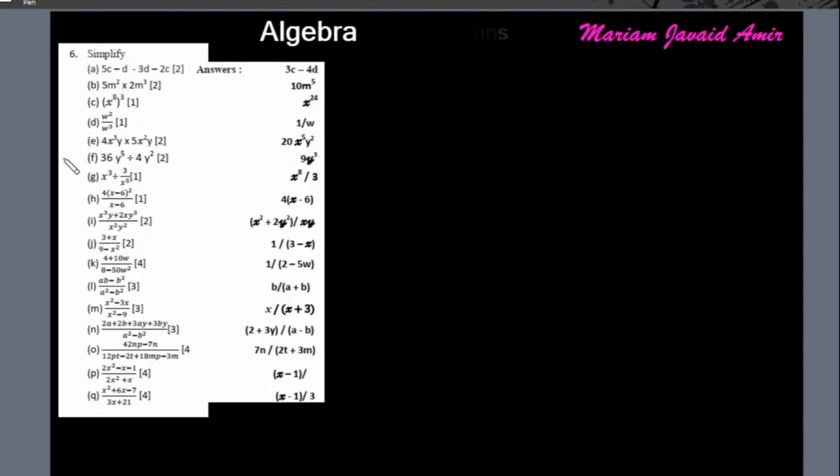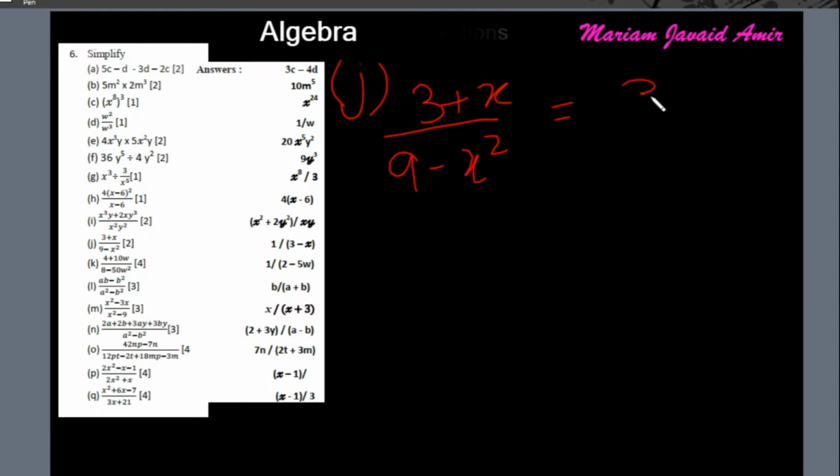Okay. Part J, which is 3 plus x over 9 minus x square. Before we can start cancellation, we need to factorize. So 3 plus x can't be further factorized.